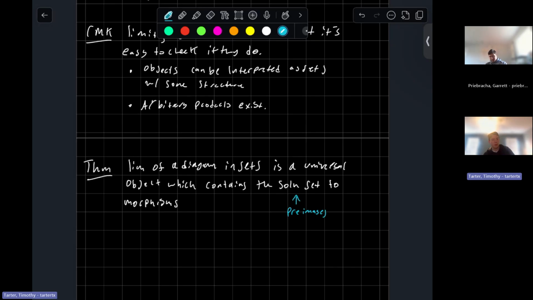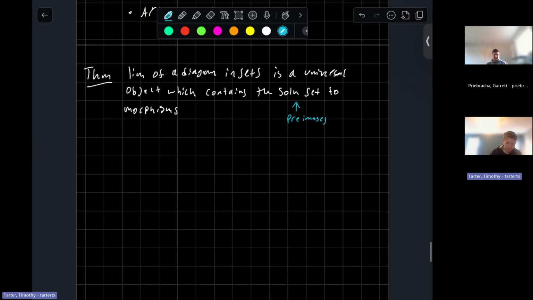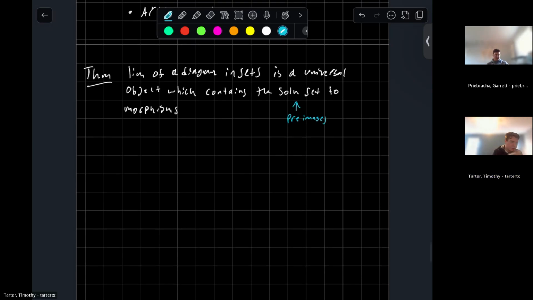Right? And that makes sense. If you have a diagram, it's just going to be all of the shared solutions between any two top things.